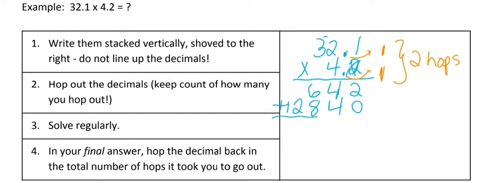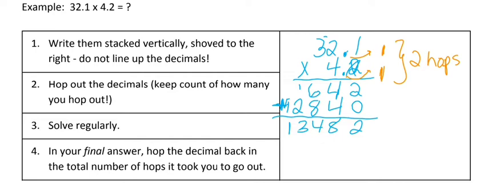We're going to add these on the bottom together now, as we're just solving the multiplication regularly. 2 plus 0 is 2, 4 plus 4 is 8, 6 plus 8 is 14, 2 plus 1 is 3, and then the 1 is by itself over on the end. Our fourth and final step is to hop the decimal back in.